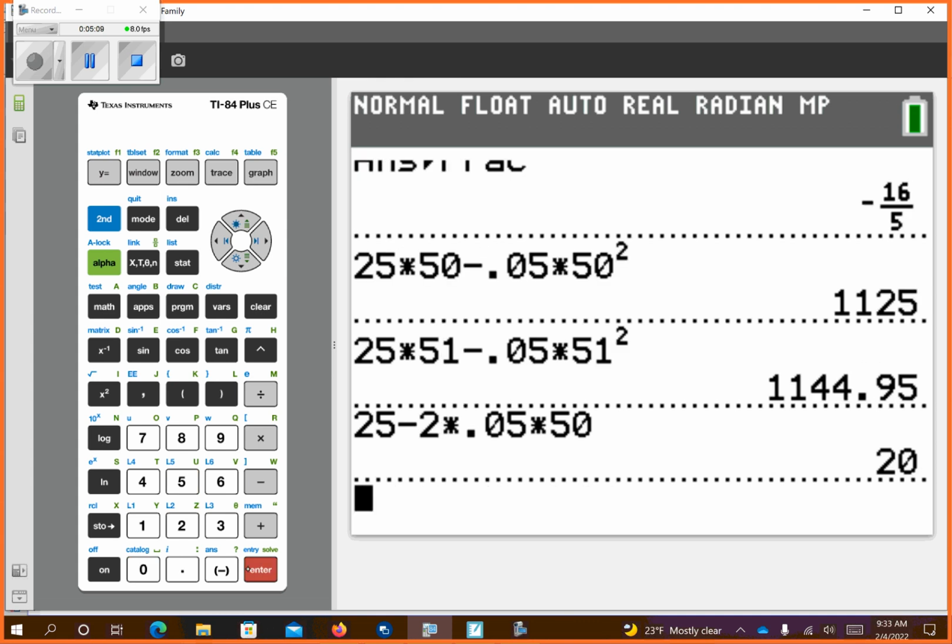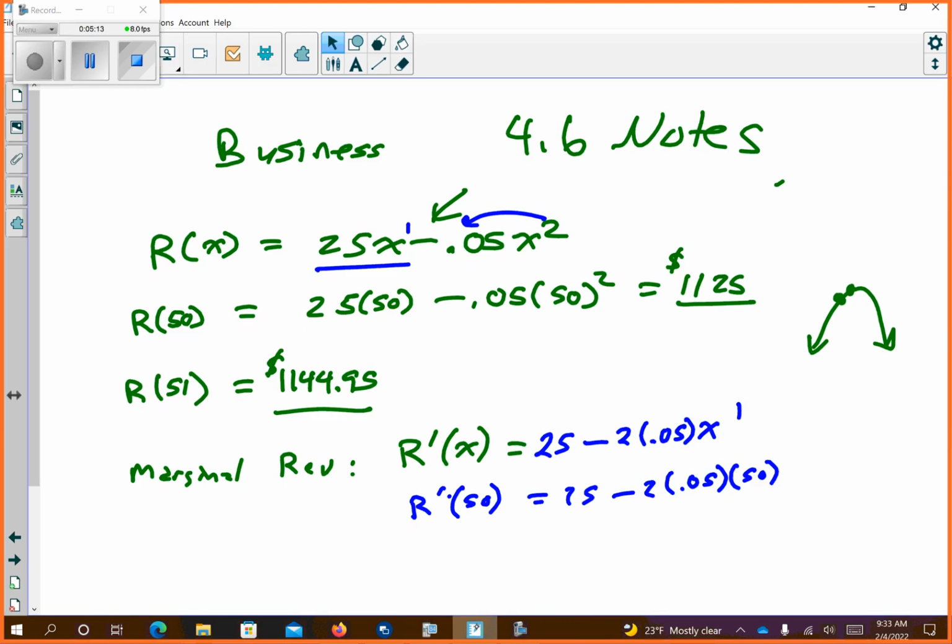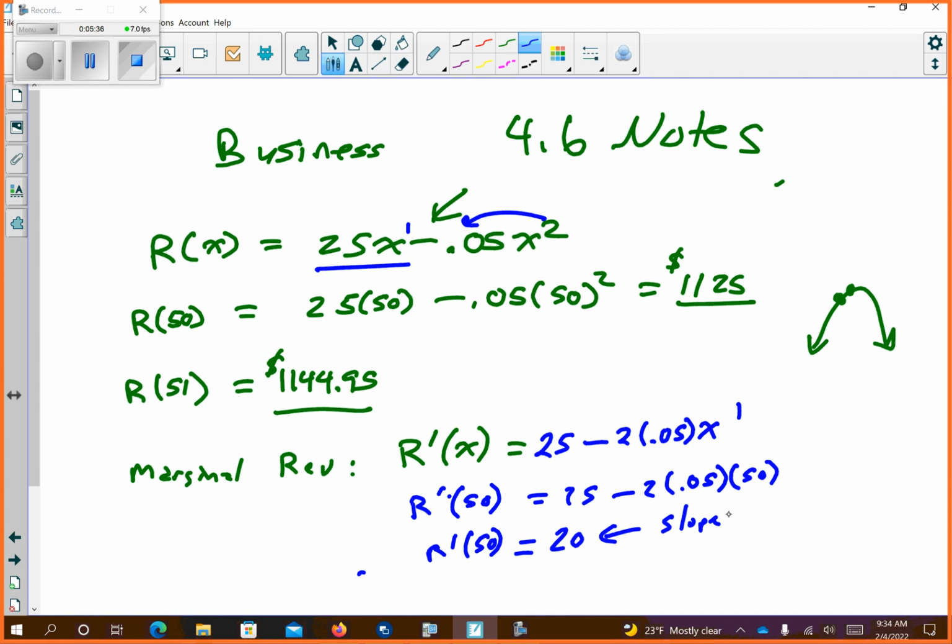So that's going to come out to 20, okay? So R prime of 50 comes out to be exactly 20. Okay, so this becomes the slope at exactly 50, okay?